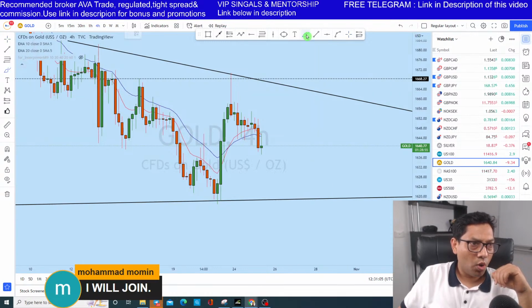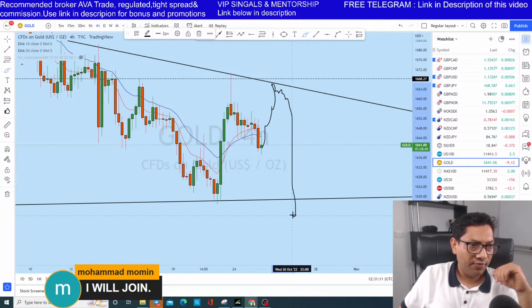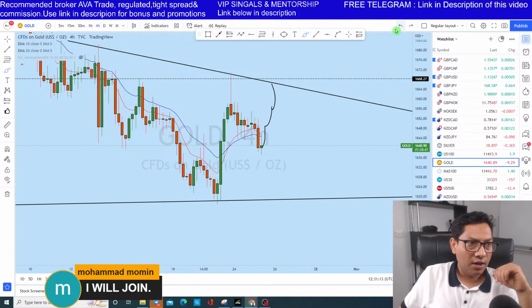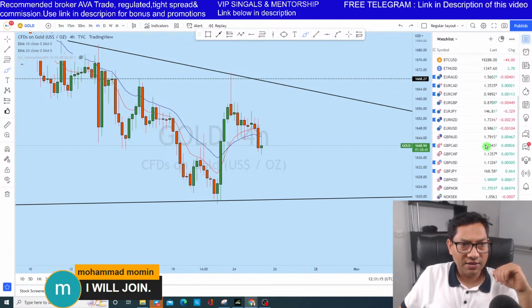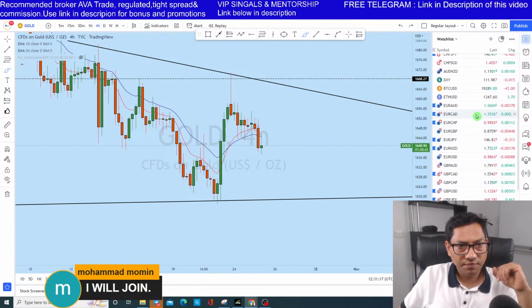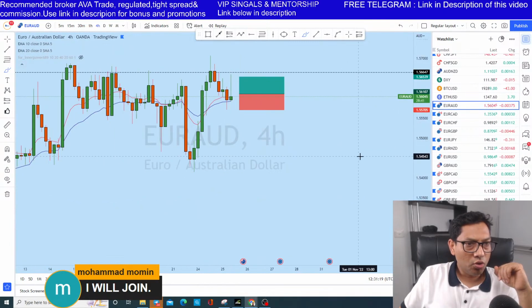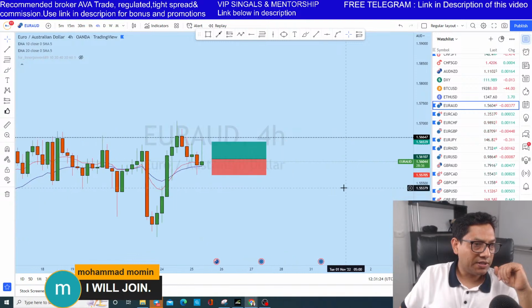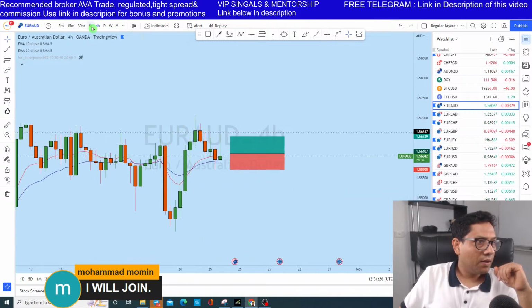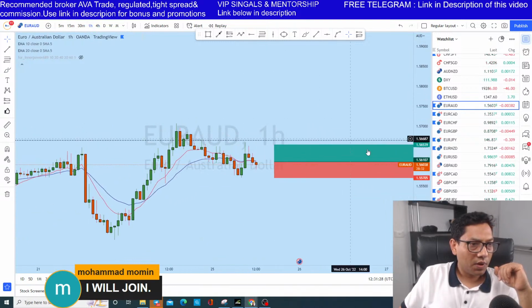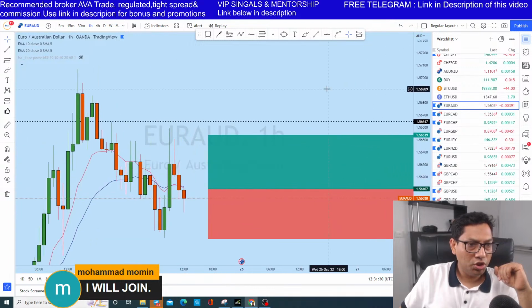But for me, what I think is that gold at some point we could see movement to the upside, probably will create a lower high, and then we might see that gold is coming back down.